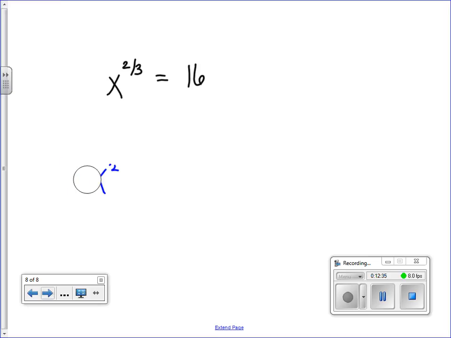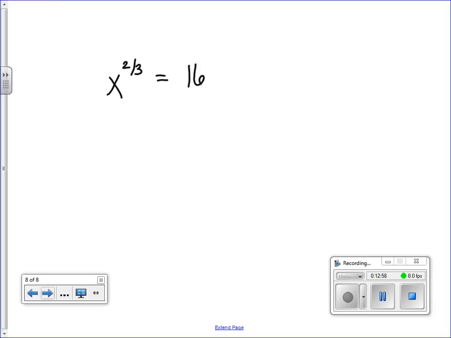But because of the power to a power rule, remember, you multiply the powers. If I have x squared to the 5th, that would be x to the 10th, right?